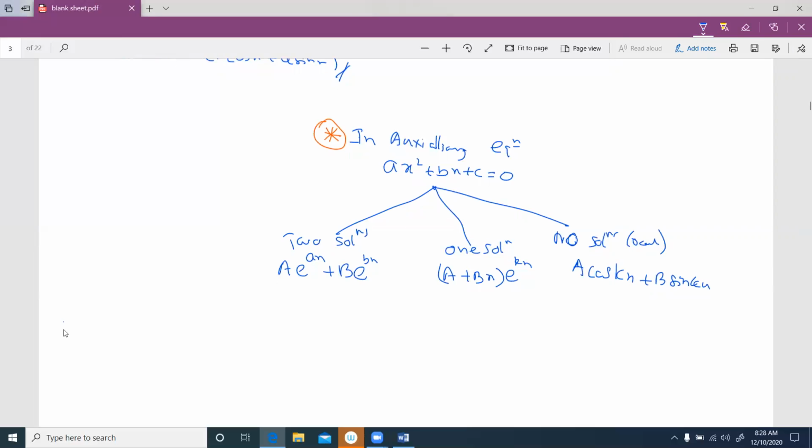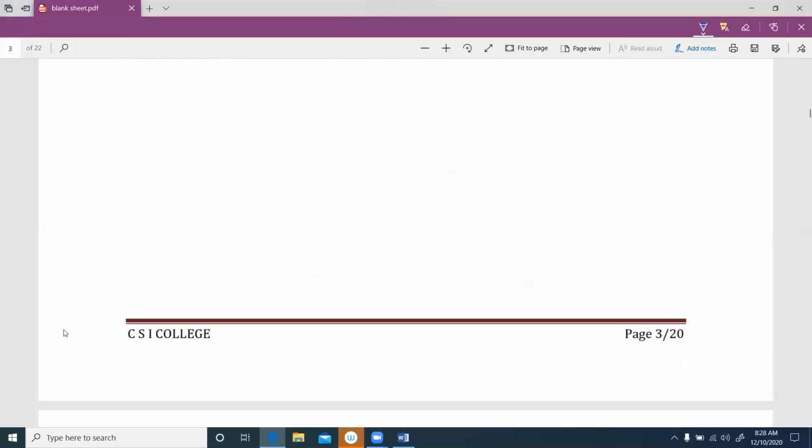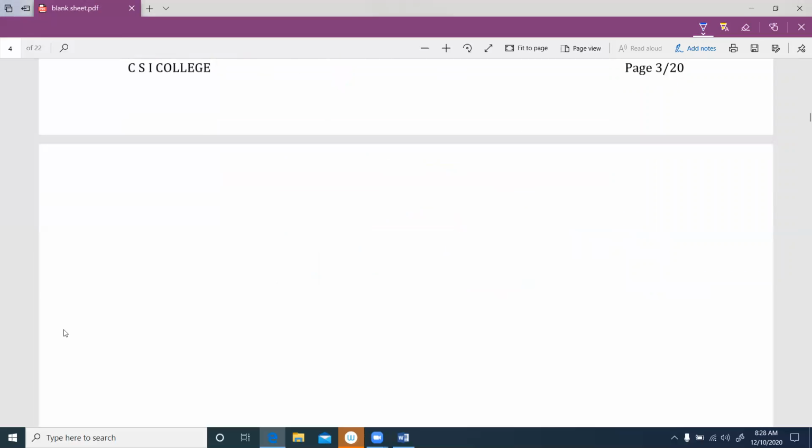Yeah, I'll start with the new page. In this new question they have given, this is example 6a, question number 1, part A. The equation is d squared y by dx squared plus 5 dy by dx plus 6y equals 0.